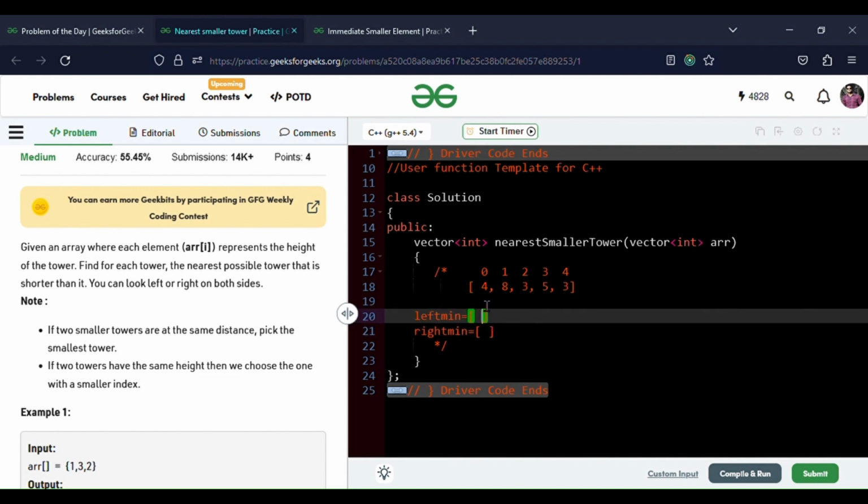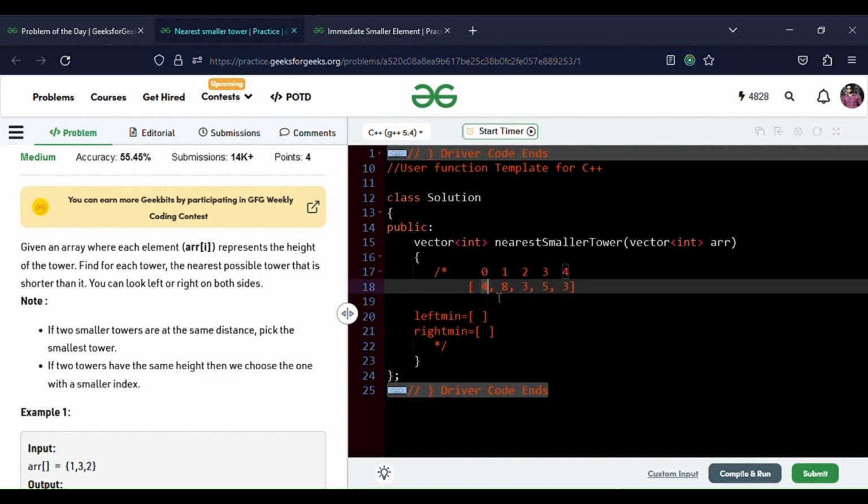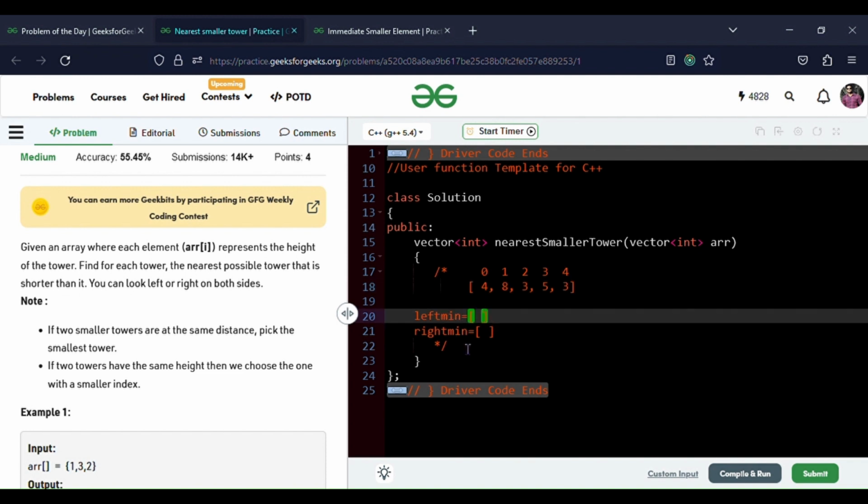For left min we will store for each index the nearest minimum element on its left side. So for 4 there is no element on its left side, so for 4 there will be -1 because no element exists.